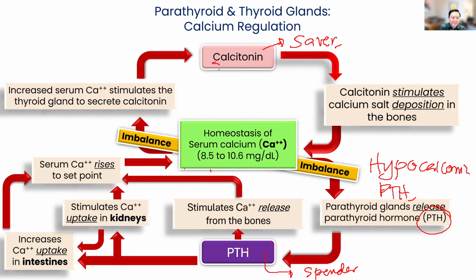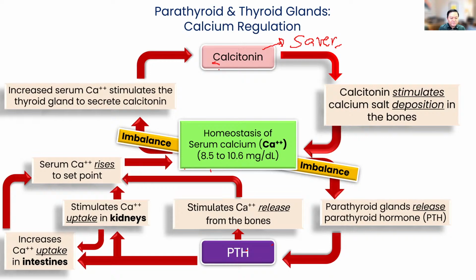Remember about this diagram right here? Take a look into this imbalance. If in case the calcium level drops below 8.5 milligrams per dL, or even below that, the body will maintain homeostasis by stimulating the parathyroid gland to release the parathyroid hormone.